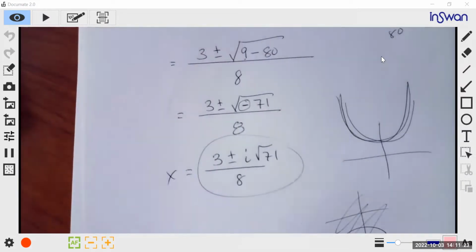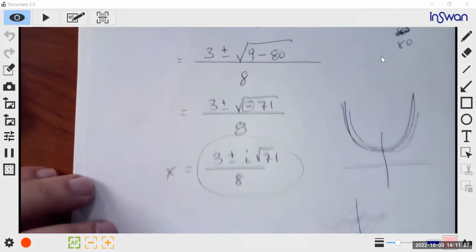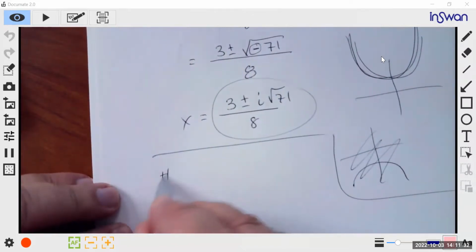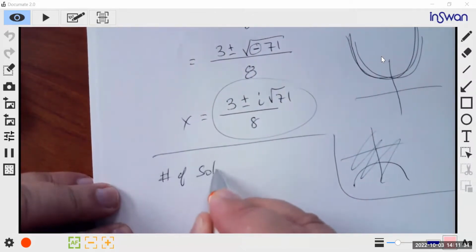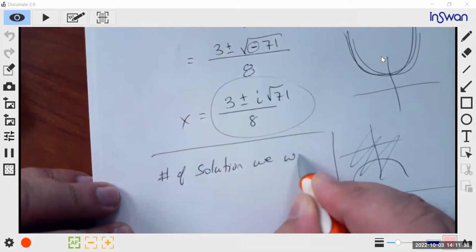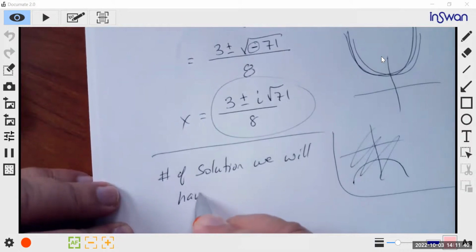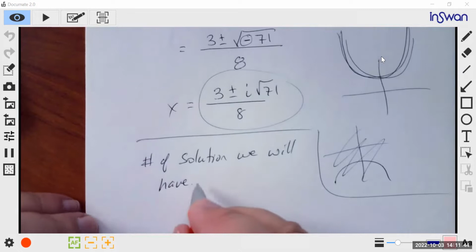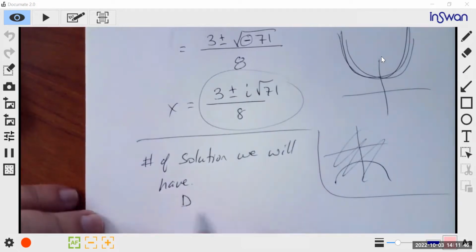Okay, it's pretty straightforward. Now, there's another thing it tells us. A part of the quadratic formula tells us the number of solutions we're going to have. That's called the discriminant.